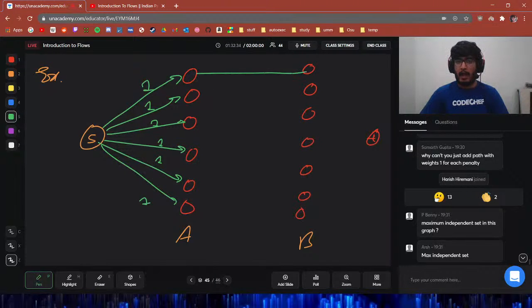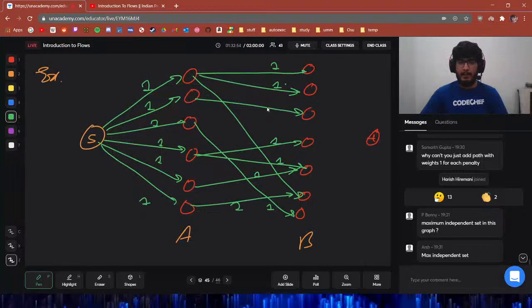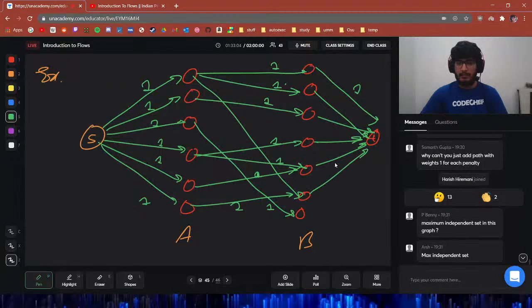Then I'm going to add an edge of weight 1 for each friendship. So let's say this one is friends with this, and this. This node is only friends with this. This node is only friends with this. This node is actually friends with 2 people. This is friends with this one, and this is friends with this one. All of these edges have weights 1, right? And then finally, I'm going to add an edge from the final B set to the destination, right?